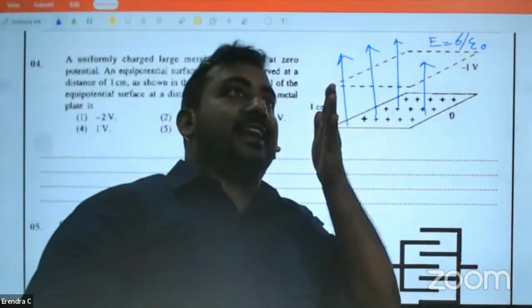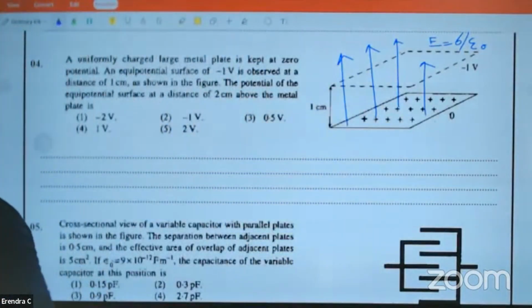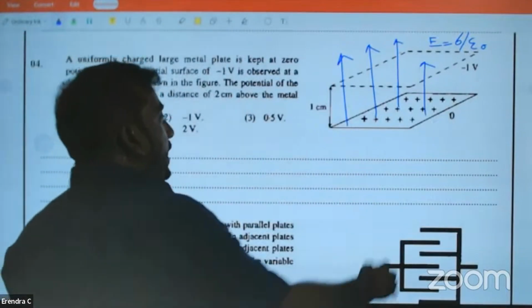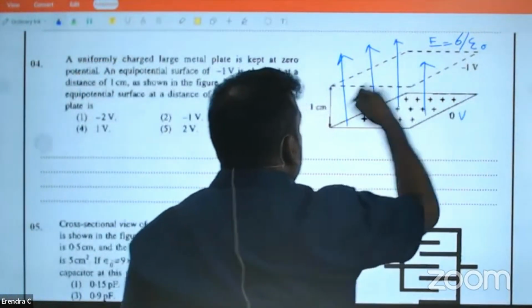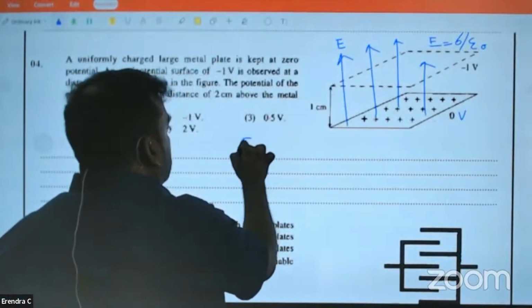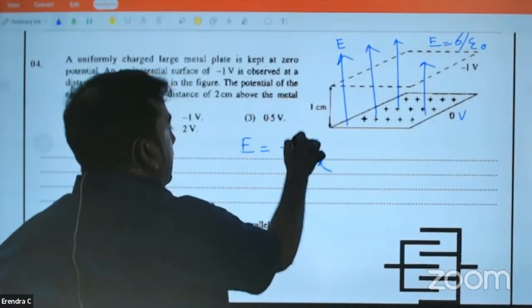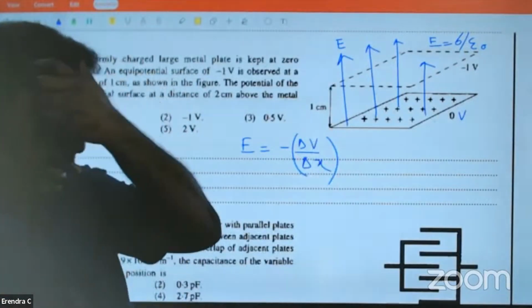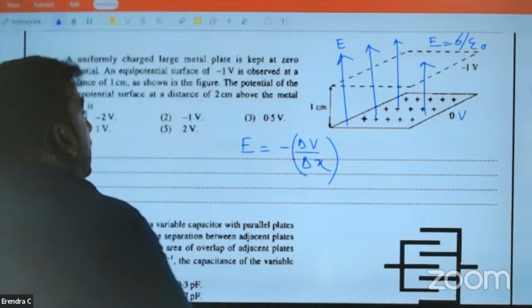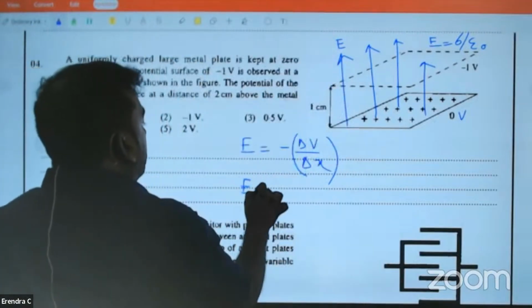Electric field is independent of the distance. Okay. They are telling you here potential is 0 volt, here -1. These are electric field lines. So you know electric field is negative potential gradient. Now your electric field here, wherever you take, will be the same.